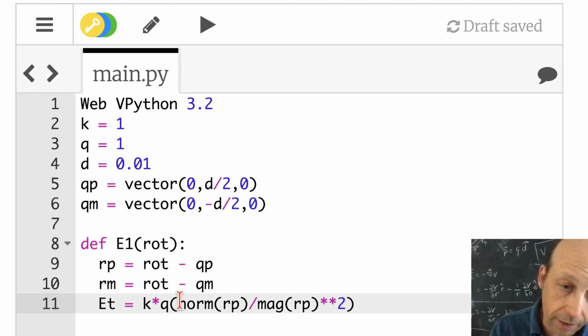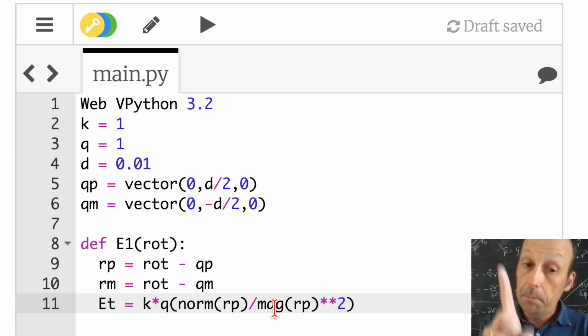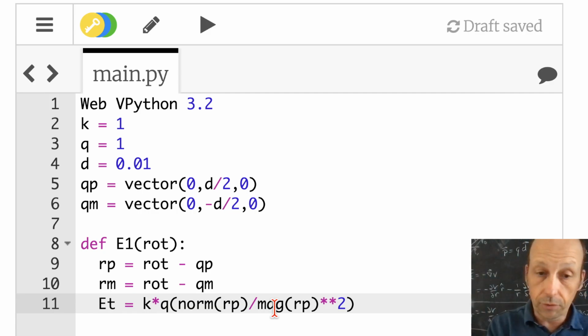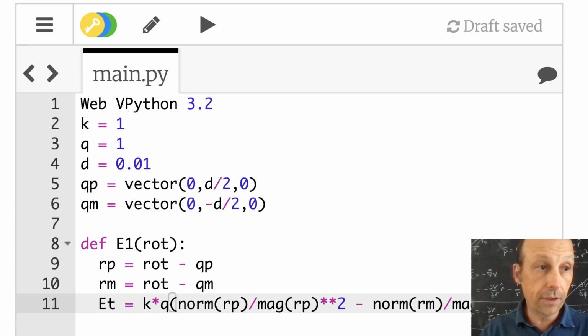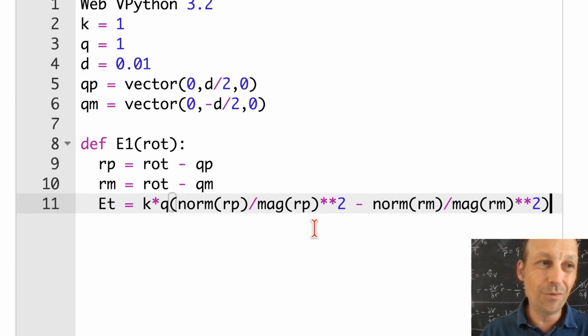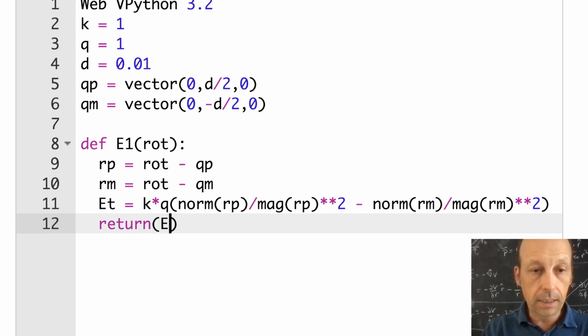So that's r hat right there, and that's r squared. Now I need to do it for the negative term, but I already factored out the Q, so I'm going to put a minus right there, norm Rm divided by mag Rm squared. And then I'm going to return ET. You can't even see that, but you knew what it was.